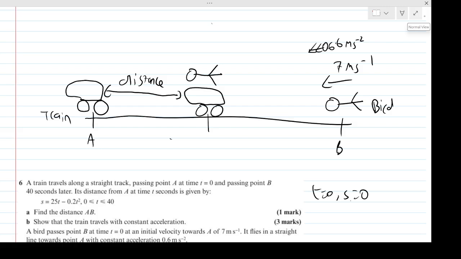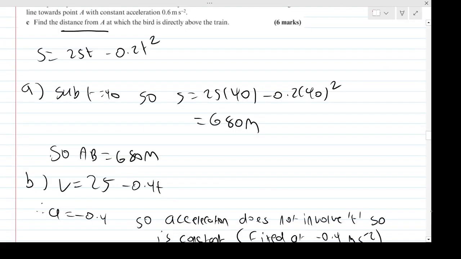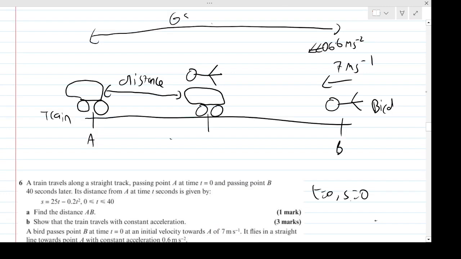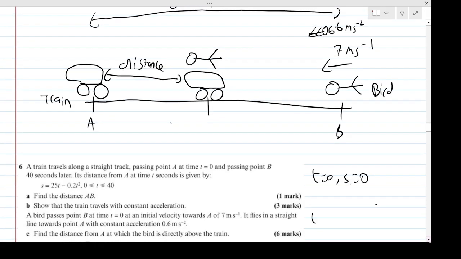But the bird initially is at point B. So the displacement of the bird, the distance from point A, is the distance from A to B. But didn't we work out in part A what that distance was? The distance from the two ends, A to B: 680 metres, right? So that means the bird is 680 metres from A if it's at the point B. So that means initially for the bird, when t is 0, the displacement is 680.